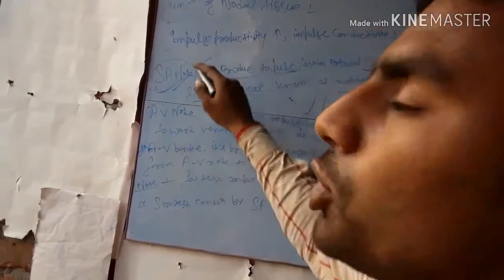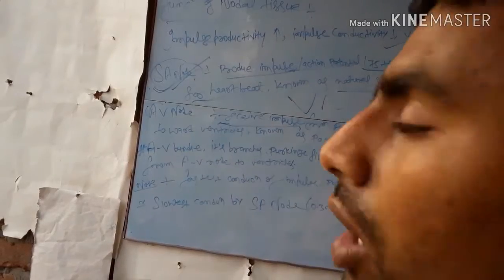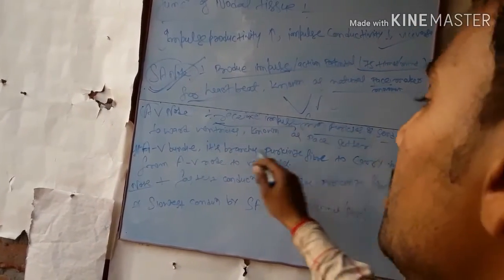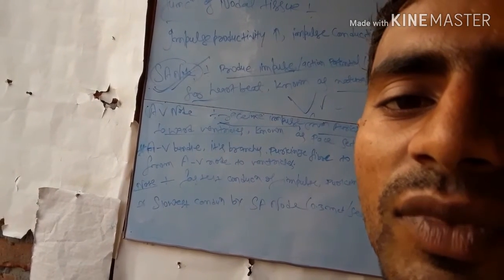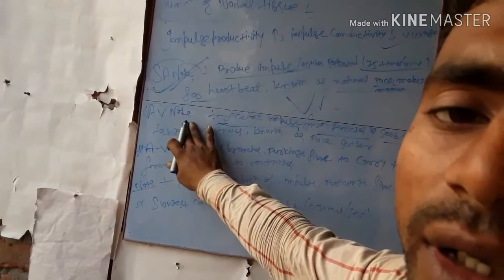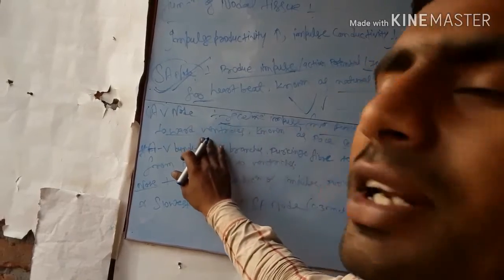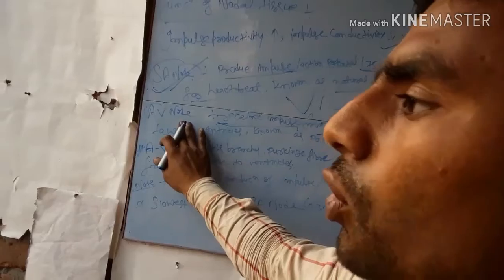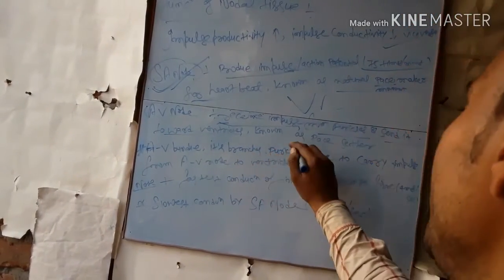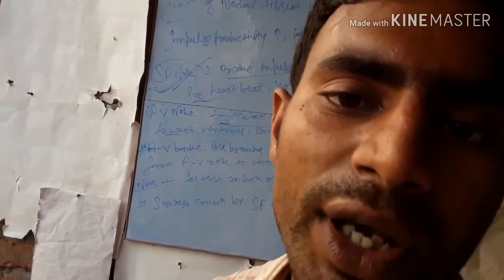Production of impulse happens from the sino-auricular node, but conduction of impulse happens here: the AV node receives impulse from the auricles and sends it toward the ventricles. The AV node is known as the pace setter, and the SA node is known as the natural pacemaker. Never forget this point.